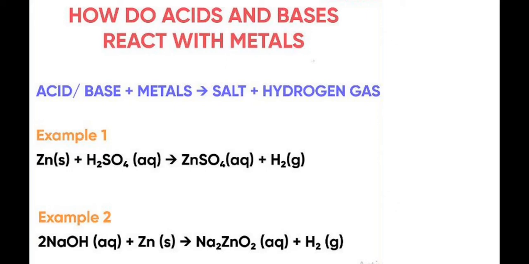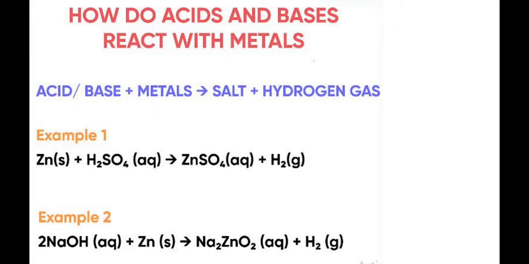Zinc is one example: zinc reacts with sulfuric acid and with hydrochloric acid, and there is a release of hydrogen gas. Also a salt of zinc sulfate can be produced, and it goes into solution. It is dissolved in water.